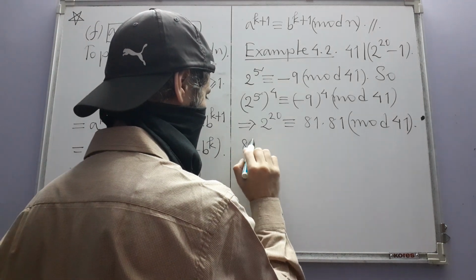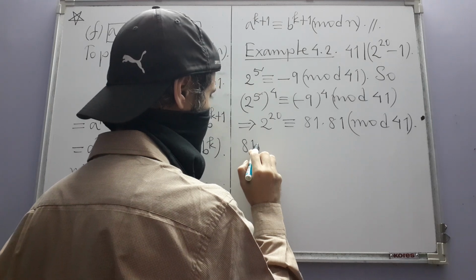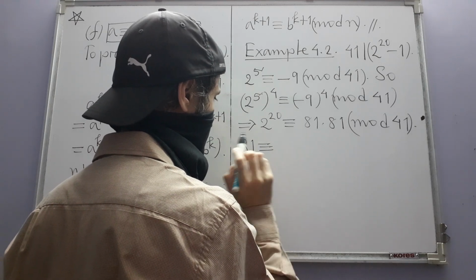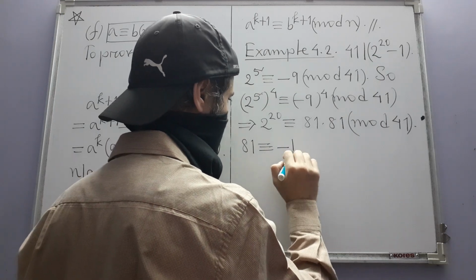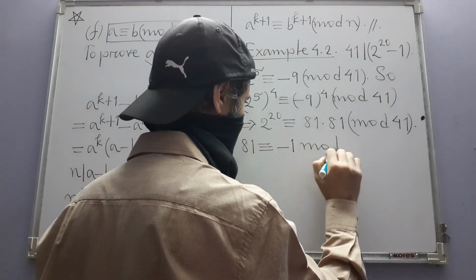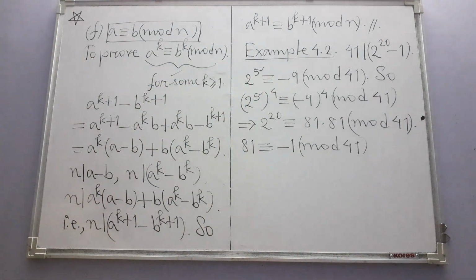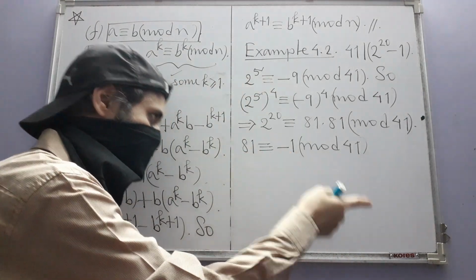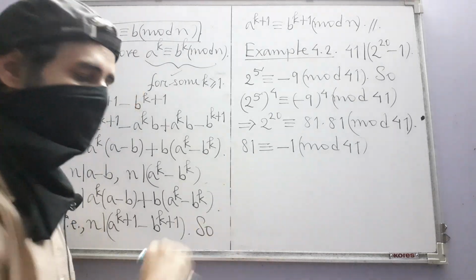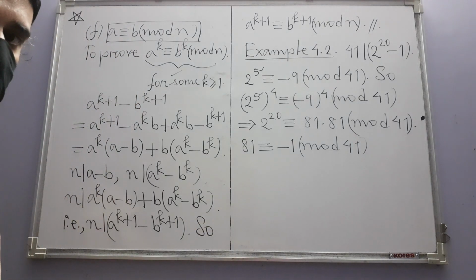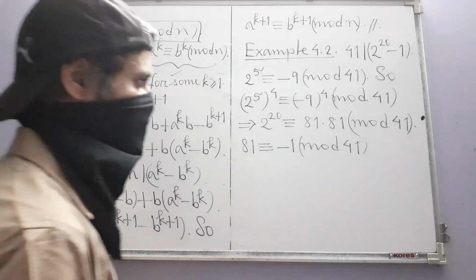If you notice this congruence, 81 minus minus 1 is 82, and 82 is divisible by 41, and that's why you have this nice congruence.